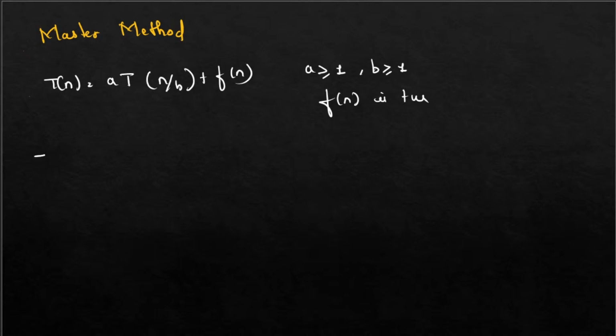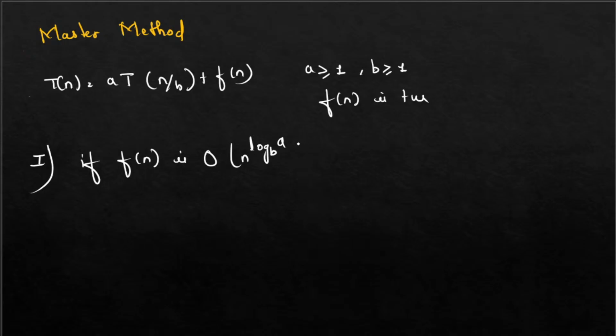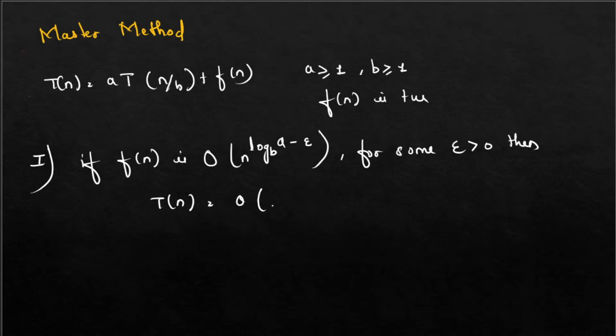The first condition is that if f(n) is big O of n^(log_b a minus epsilon), where epsilon is a constant greater than 0, then T(n) is theta of n^(log_b a).